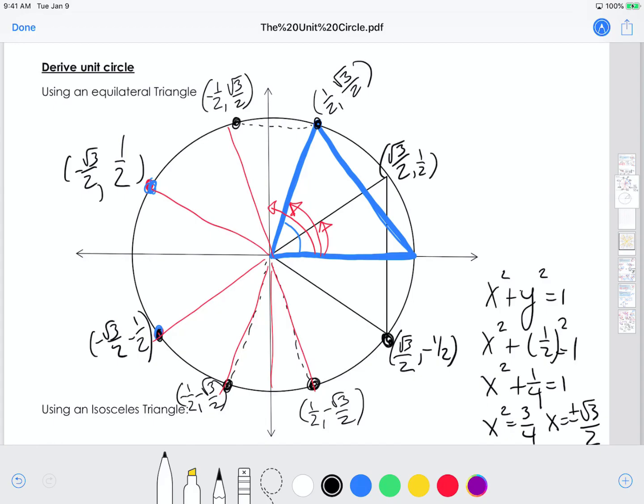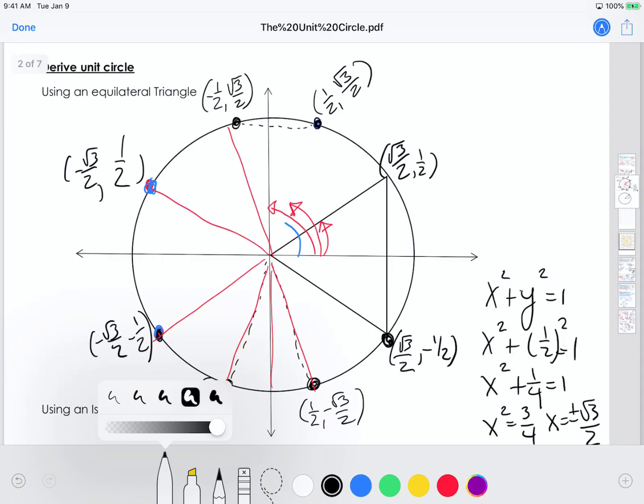Now that we derived all of our points, what I want to point out to you now is that if I go back, let me erase this. If I go back to the original triangle that we were looking at before we doubled it and made the equilateral triangle.